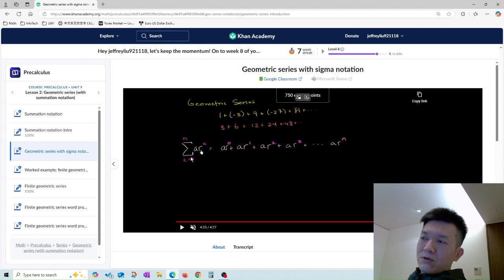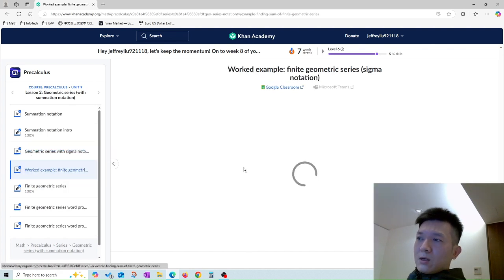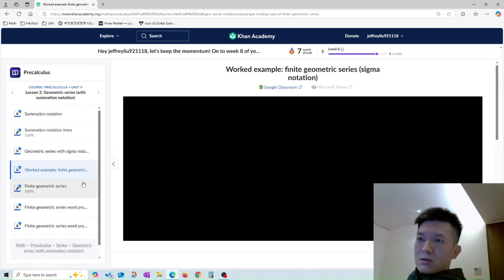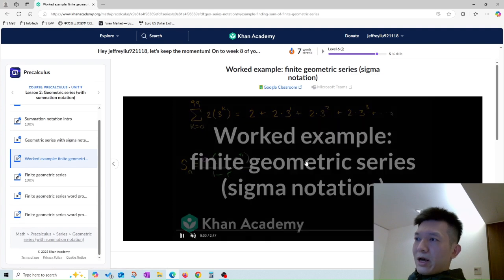So for the 30th term, the first term will be 0. Our last term will be multiplied by r to the 29th. We start by multiplying by r for our second term, not the first term. So our first term will be 0 with our r, and we start to apply the r for our next term. All right. So that's worked out some examples.